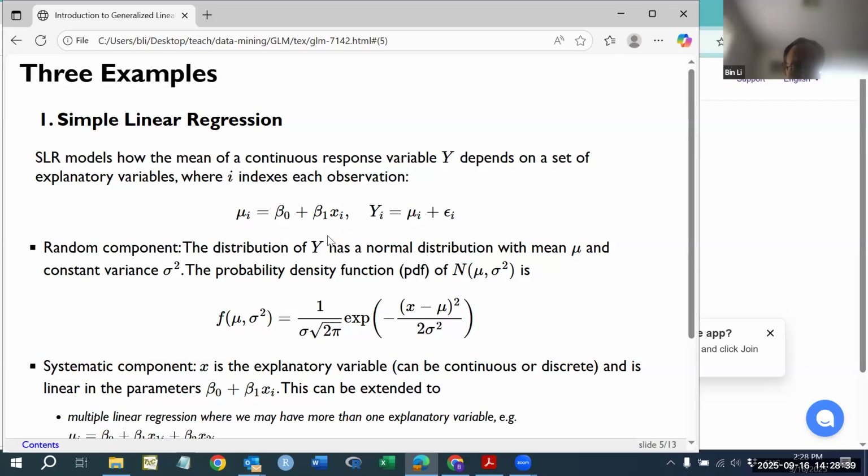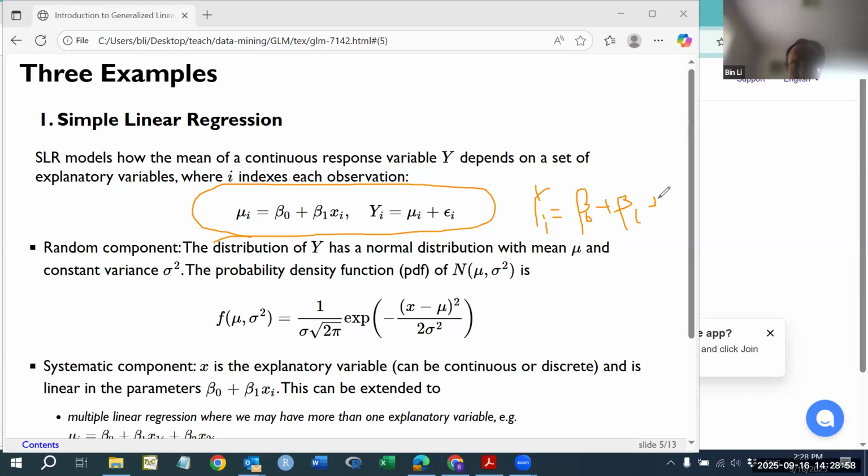This is one way to show the linear regression model. Another way to show it is y_i equals beta_0 plus beta_1 x_i plus epsilon. They are the same, exactly the same, if you just check.